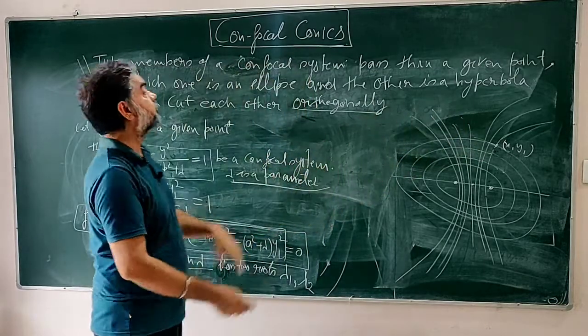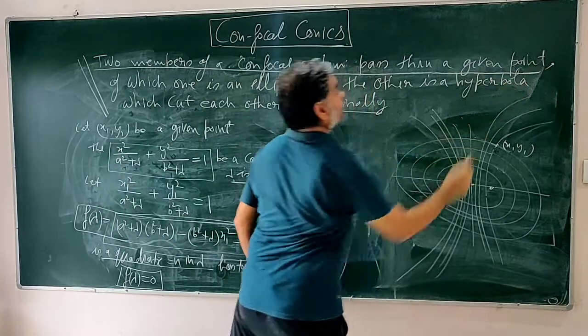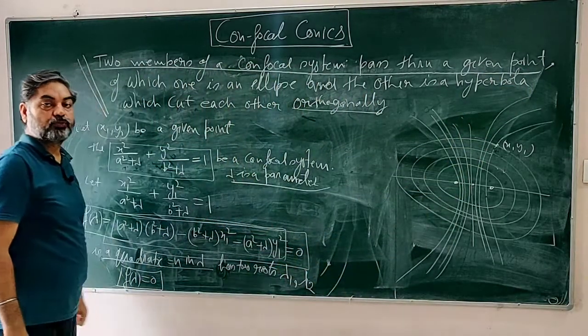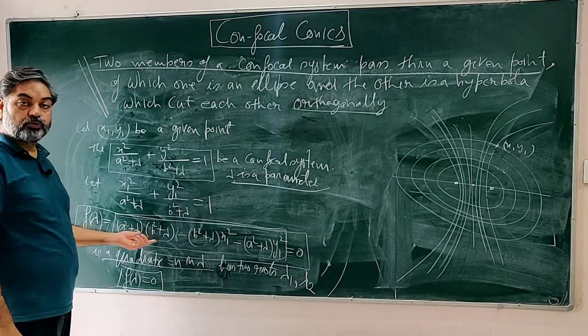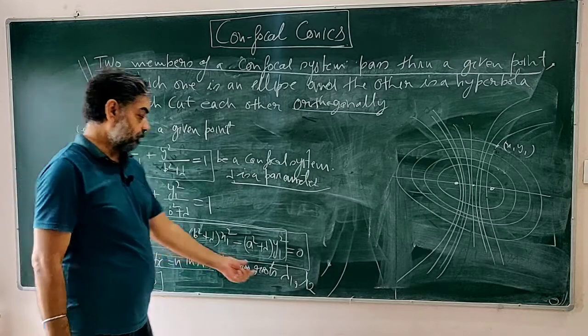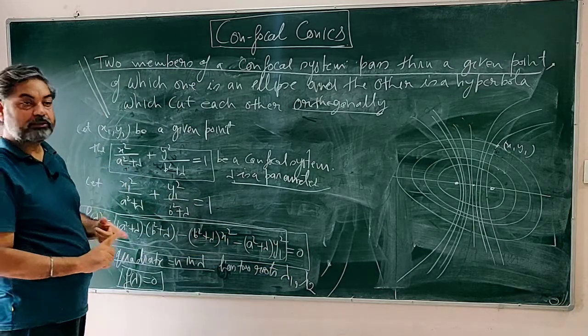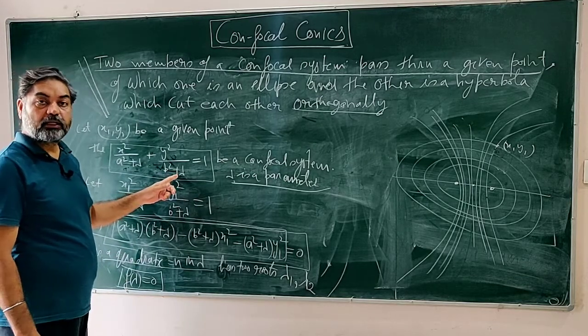So this part we have shown that two members of the confocal system pass through a given point, because this quadratic equation will have two roots, lambda 1 and lambda 2.